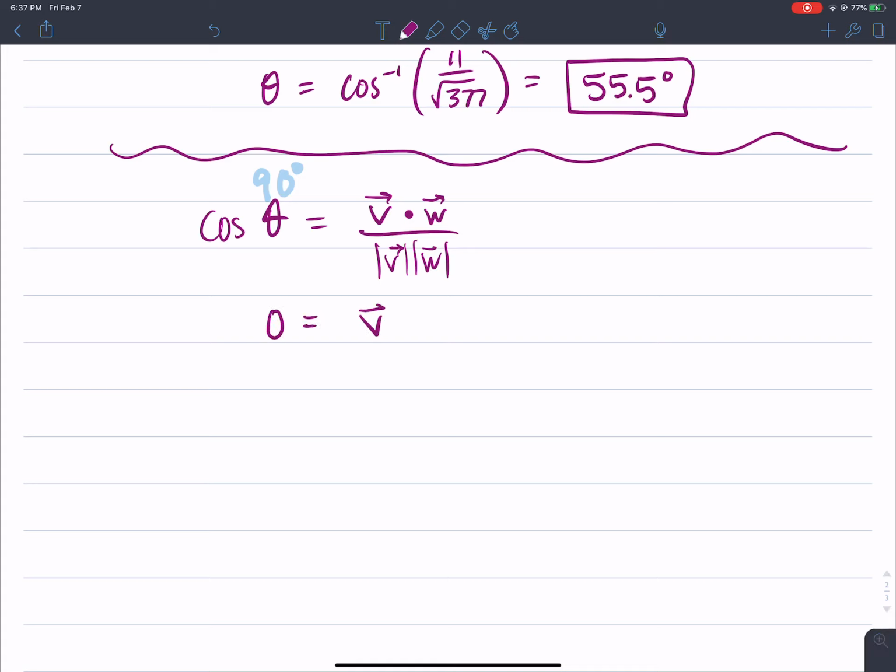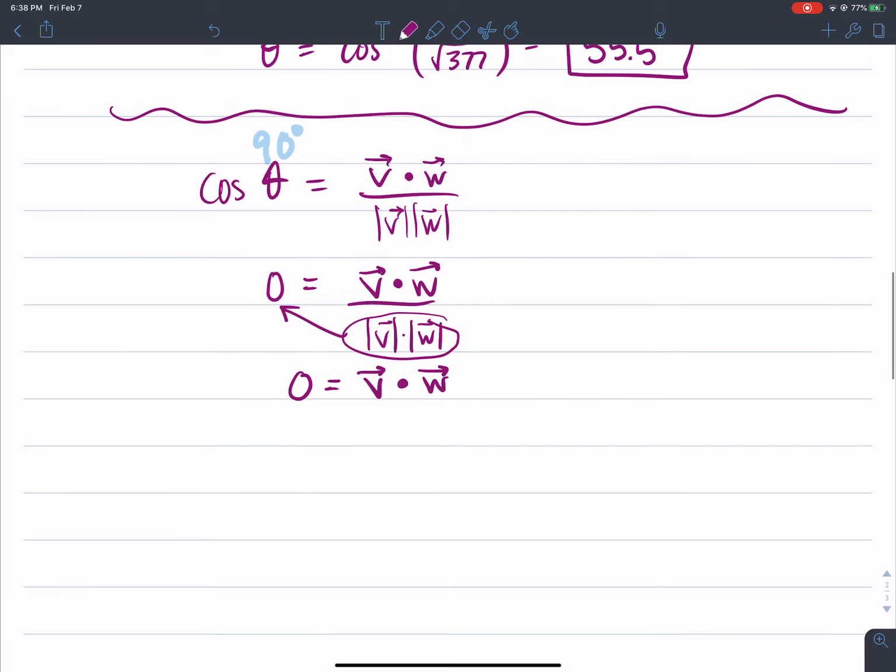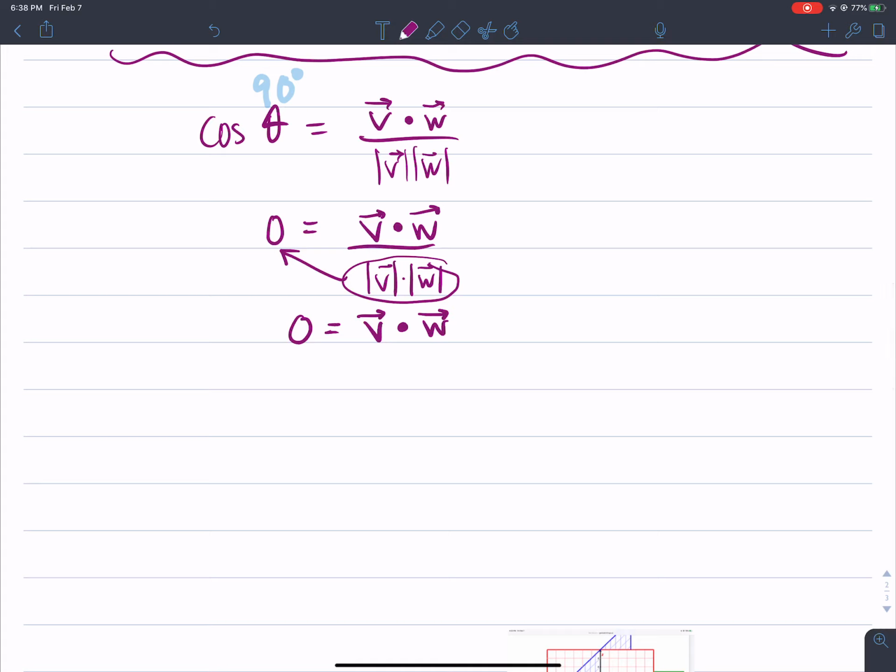And if that equals 0, and I solve this little equation here, then we multiply the denominator over to here, you would get 0 equals the dot product. So essentially the only way that you have perpendicular vectors is when your dot product equals 0.